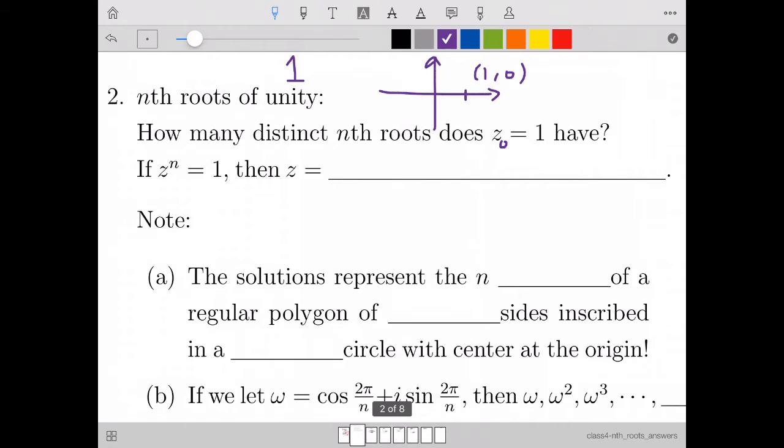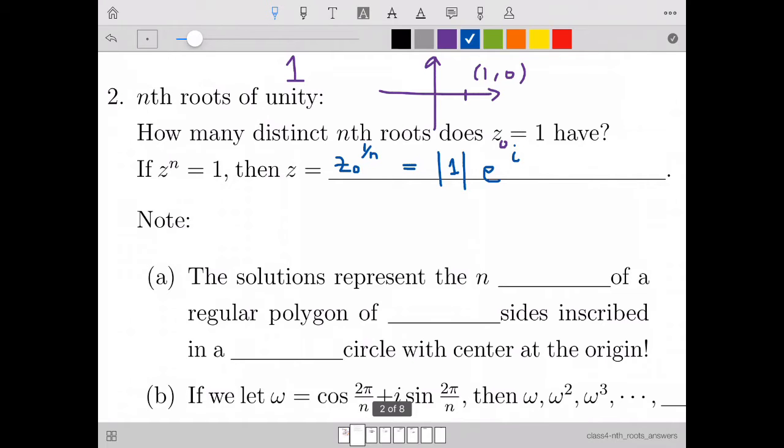If z to the n is 1, then what's z? z is z0 to the 1 over n, where z0 has absolute value 1, and then e to the i.